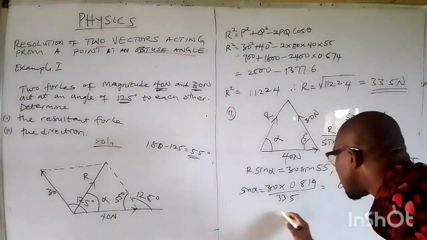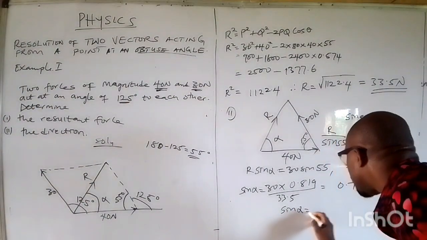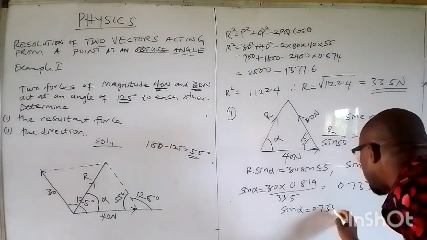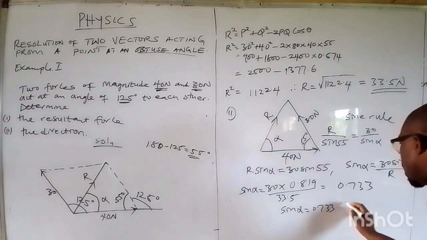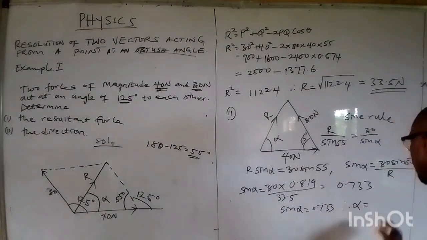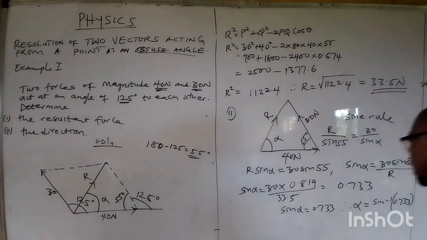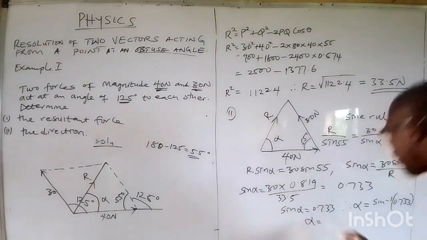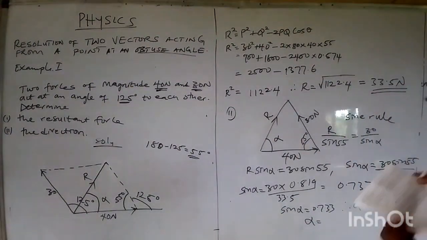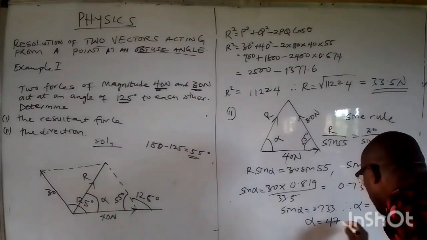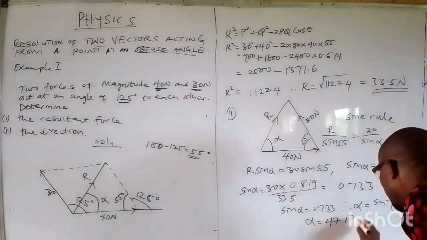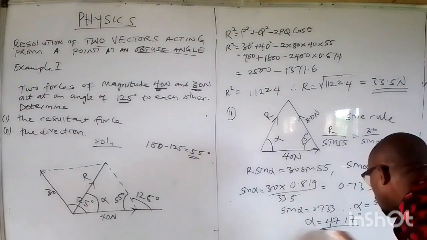Therefore, we can say that sine alpha is 0.733. If sine alpha is equal to this, we can say that alpha itself is the sine inverse of 0.733. Therefore, alpha, which is our angle, will now give us 47.17 degrees.